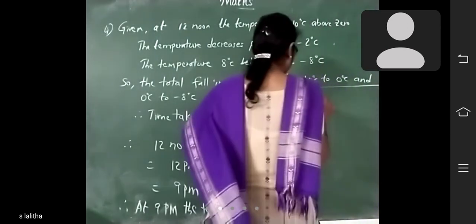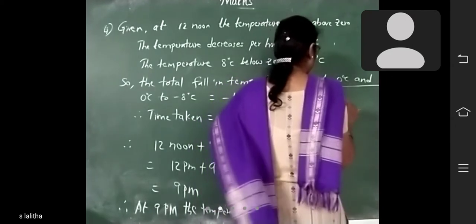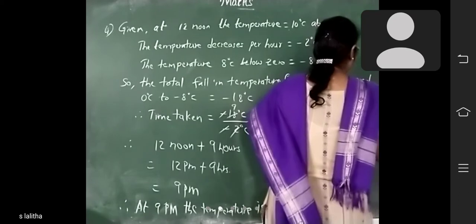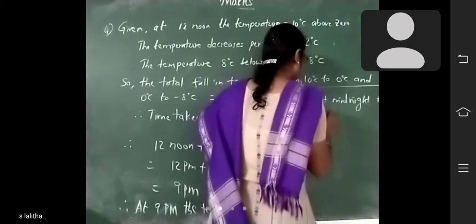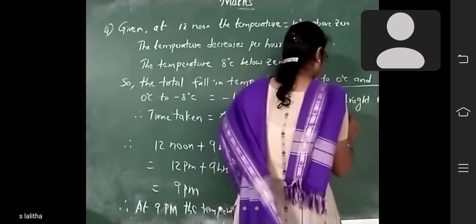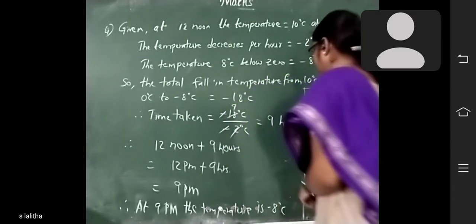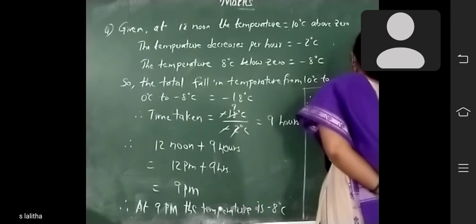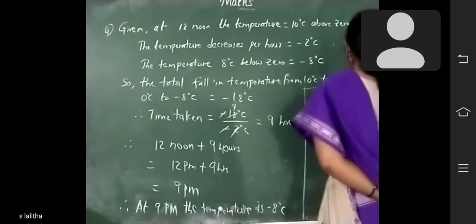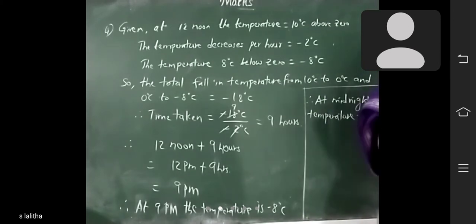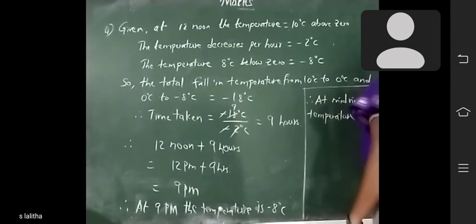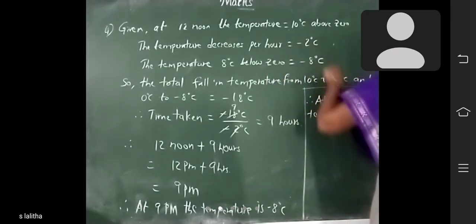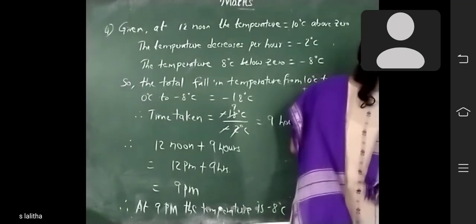So therefore, at midnight, the temperature is equal to the temperature at 9 o'clock plus 3 hours remain. So 3 times per hour, how many degrees centigrade will it decrease? 2 degrees, minus 2.